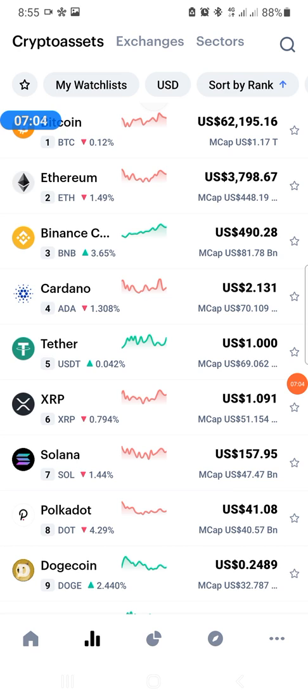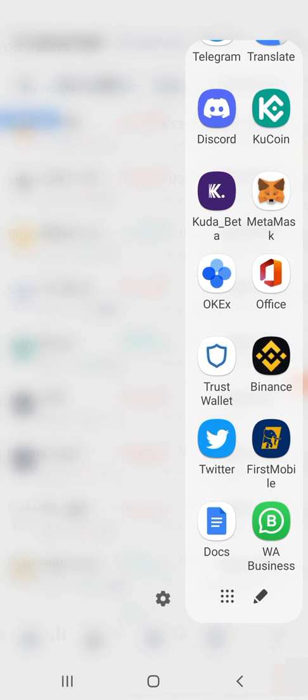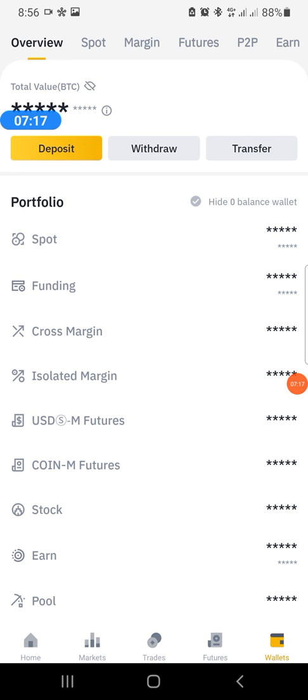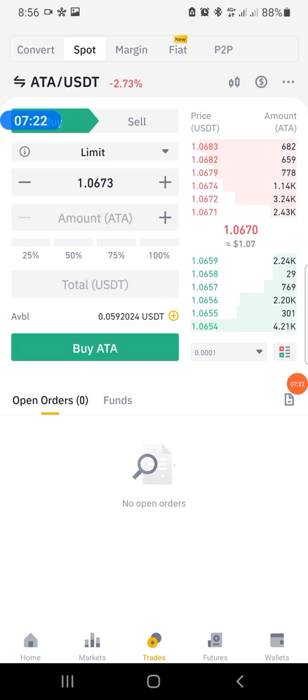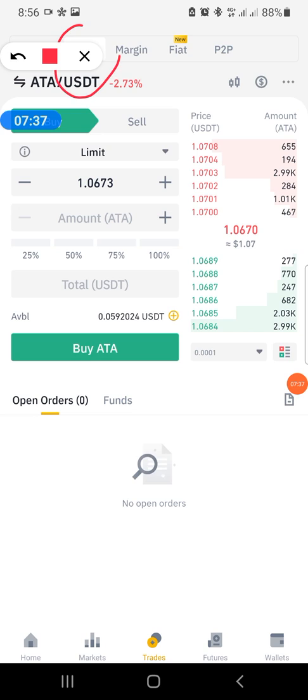Now, in trading cryptocurrencies, there are different types of markets. We have the one we call the spot market. Here is the spot market.